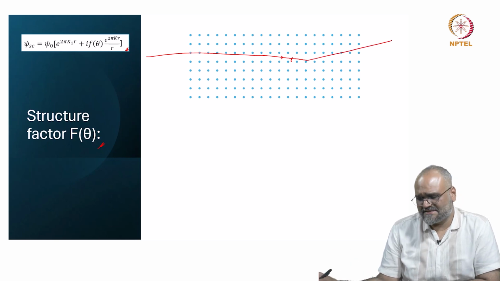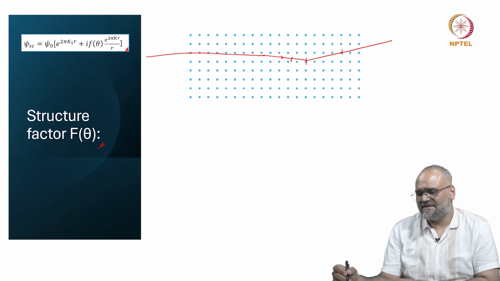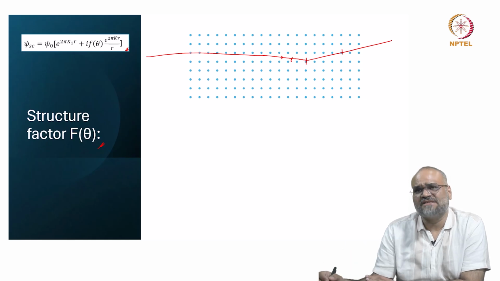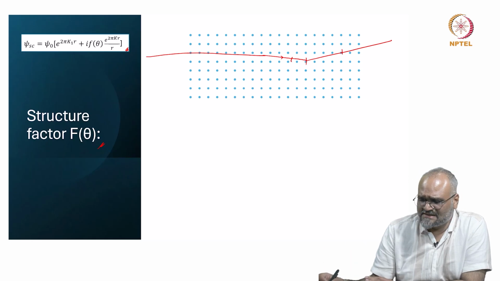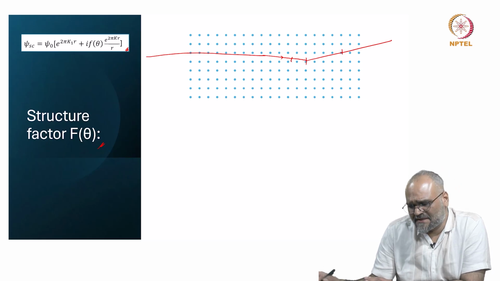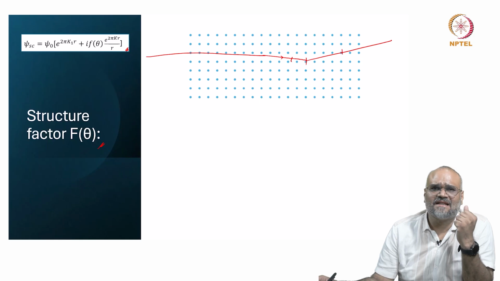What happens is, you would have consequently several scattering phenomena possible, which is also called plural scattering or multiple scattering, which is the case of dynamic diffraction, or you could have a single scattering event.